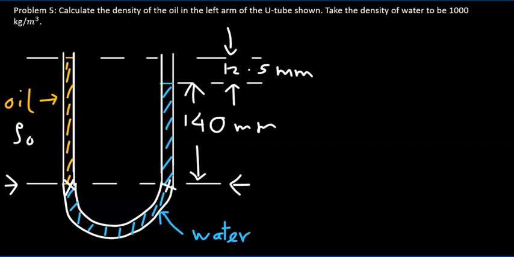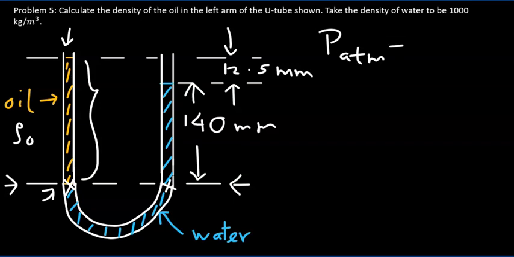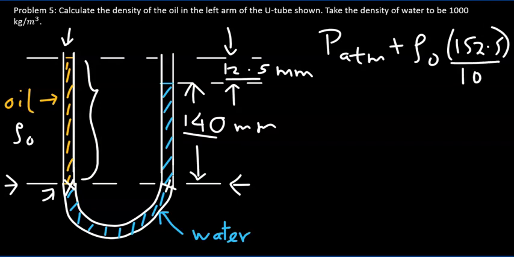So on the left hand side, the pressure here is given in terms of the atmospheric pressure and the oil column as the atmospheric pressure, P atm, plus the density of oil times the length of oil column, which is 140 plus 12.5 in millimeters. So that's going to be 152.5. Let's convert that into meters by dividing that by 1000, times gravitational acceleration.